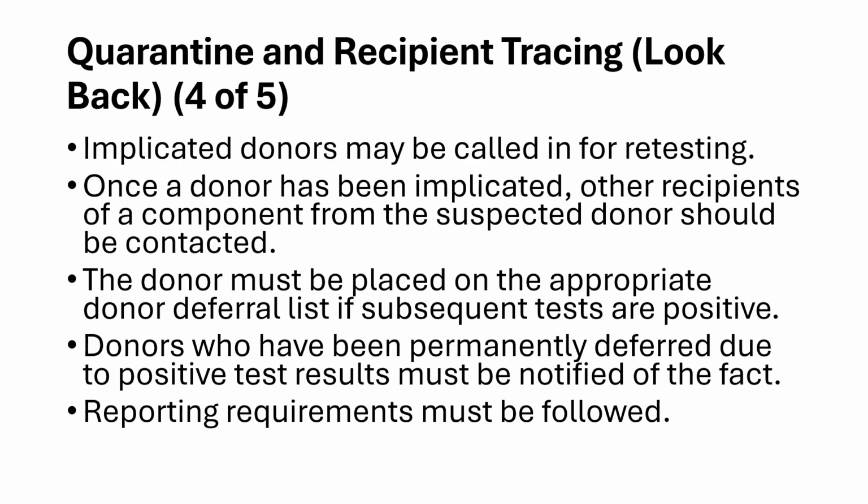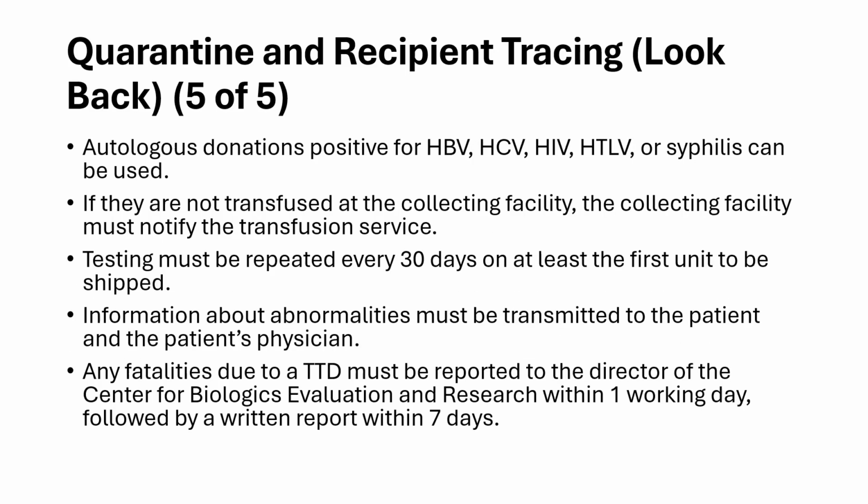So after a donor is implicated, other recipients who received components from the suspected donor should be contacted as well. The donor must be placed on the appropriate donor deferral list if subsequent tests return positive. Donors who are permanently deferred due to positive test results must be notified of their status, and all reporting requirements related to these cases must be followed.